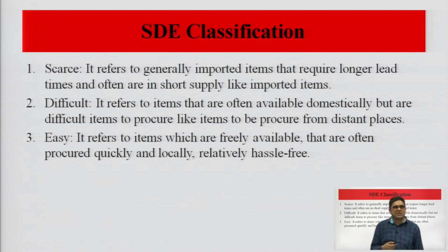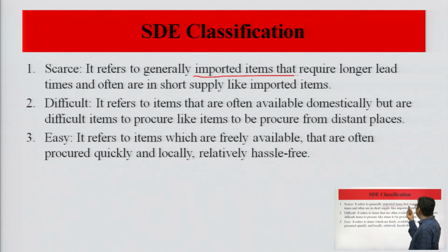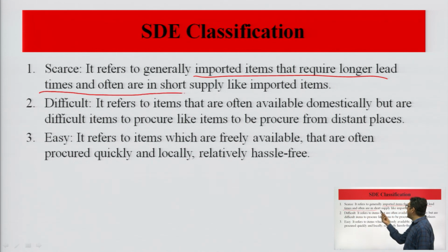I am going to discuss each of them one by one, and we can easily understand considering the COVID-19 scenario and which items are easier to find, especially in the pharmaceutical industries and several other sectors too.